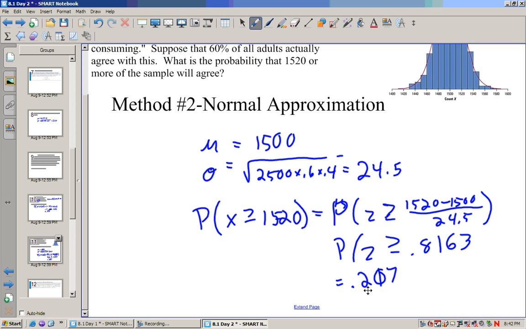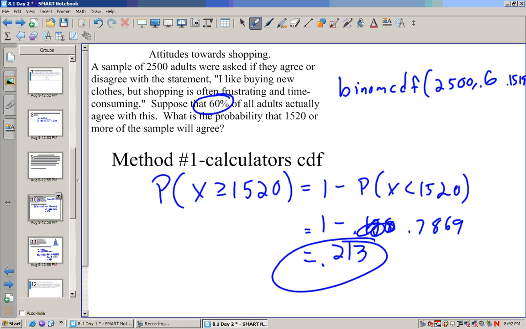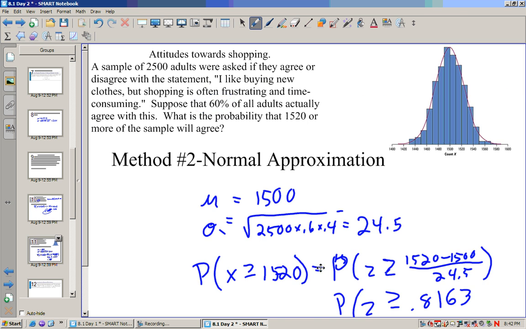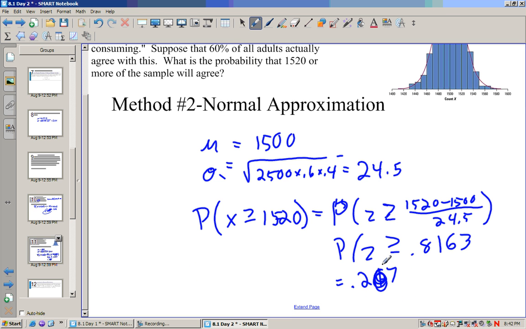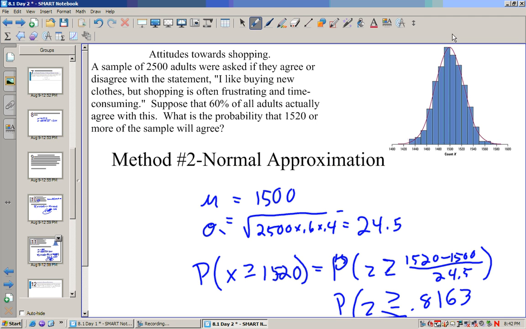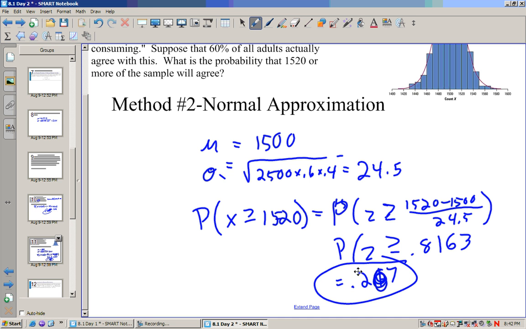So you can see the normal approximation was 0.207, where the binomial was 0.213. So this is approximately normal. If you look at the graph, if I draw a normal curve with the binomial distribution, you can see that it's a little off. It's not perfectly normal, but it's a normal approximation. So our answer isn't going to be exactly right, but it's going to be close.